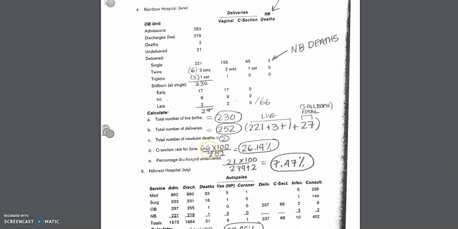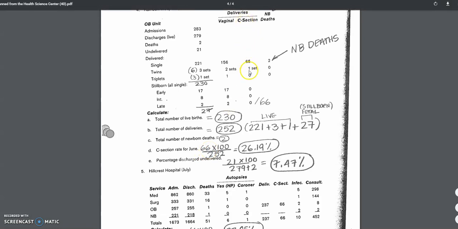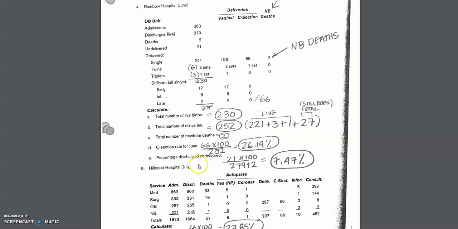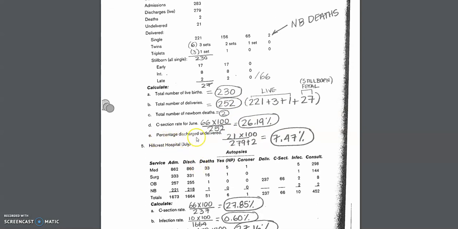C-section rate for June, nonetheless, your table of information tells you under C-sections you had 65 single, 1 set of twins for 66 total C-sections. 66 multiplied by 100 over the total number of deliveries you calculated for 252. And then you're asked to do percentage discharged undelivered, which is great practice from the back half of the workbook.